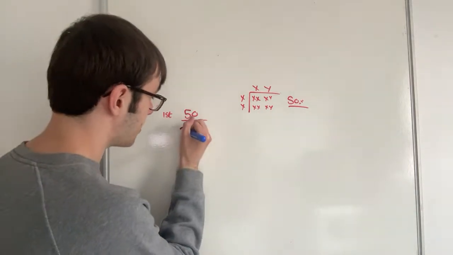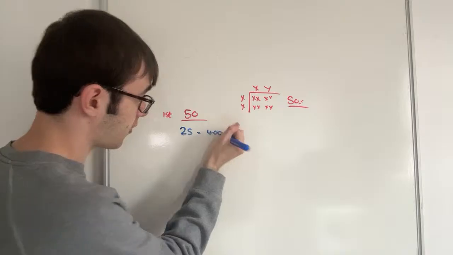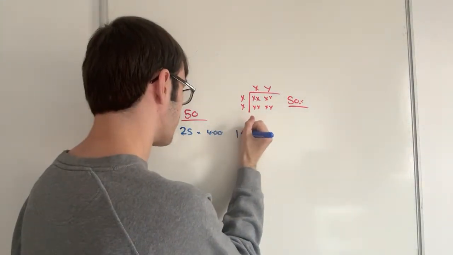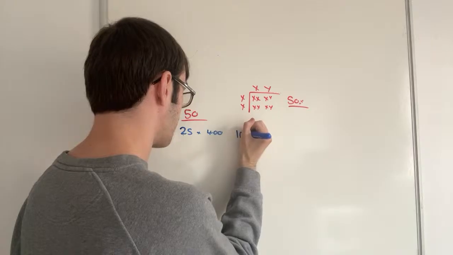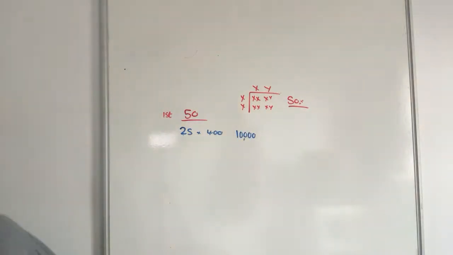Okay, so that means 25 of these are going to be female, times by 400. Oh, I'm not good at mental math. Is that 10,000 in the first generation? I really should get a calculator, but I'm lazy.